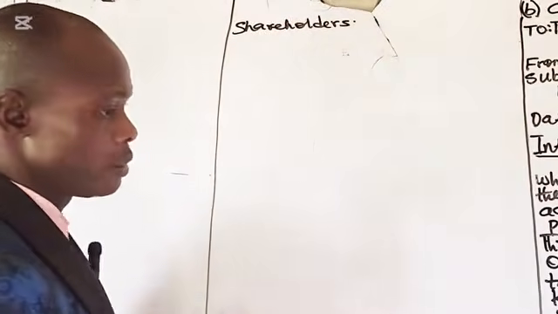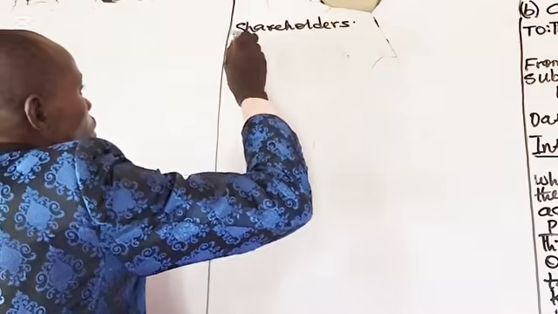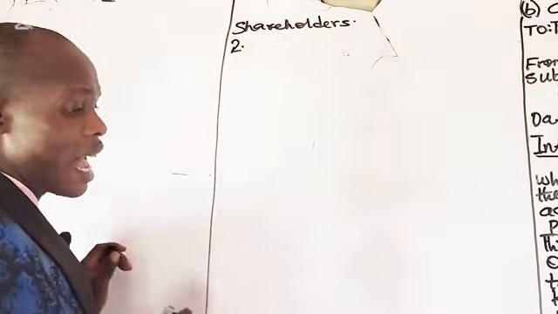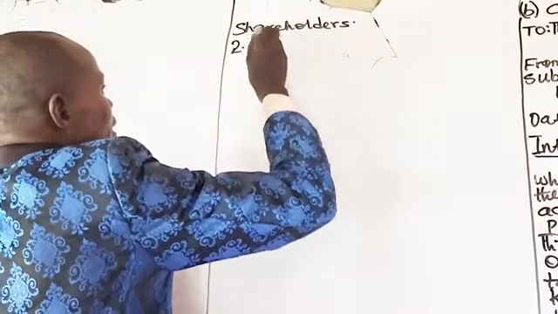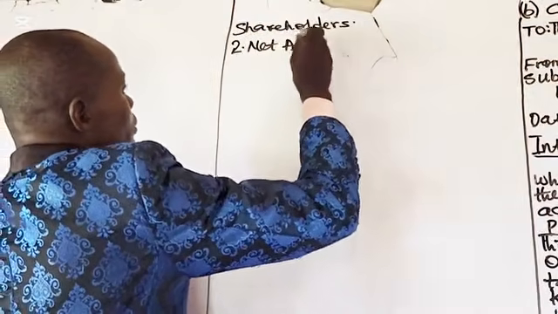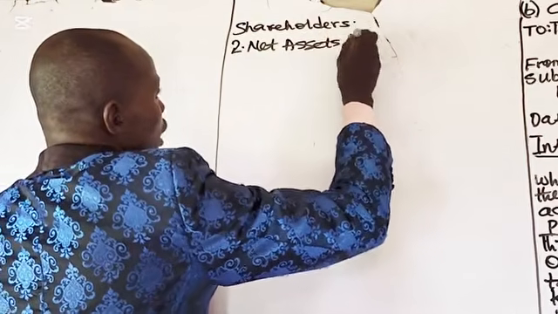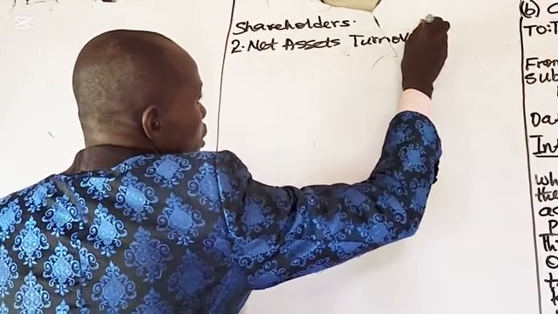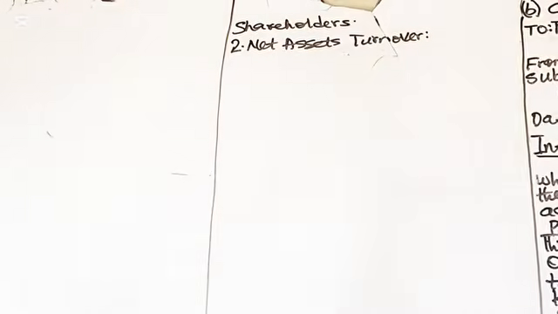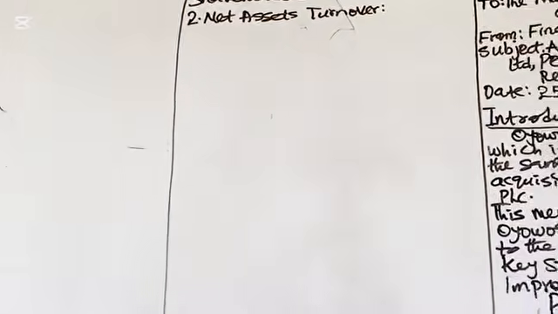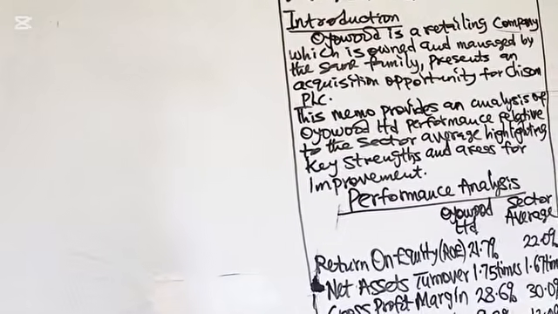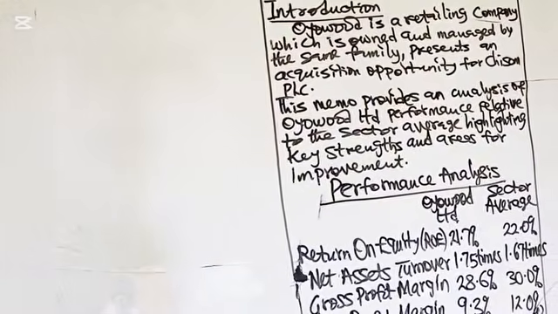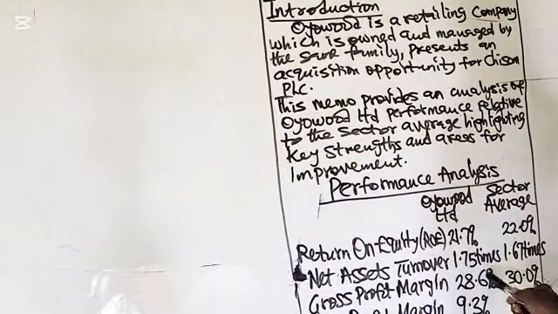That is for ROE. Number 2 ratio we have computed is net assets turnover. If you look at the result obtained, that of Oyo Wood is 1.75 times, while that of sector average is 1.67 times.